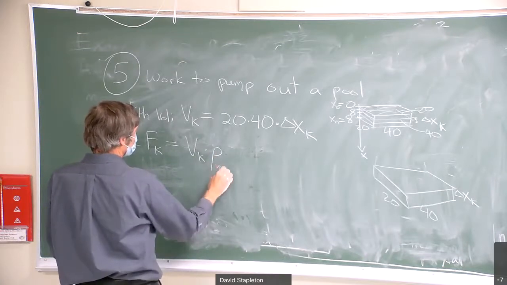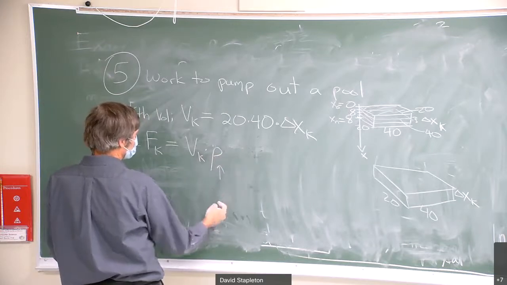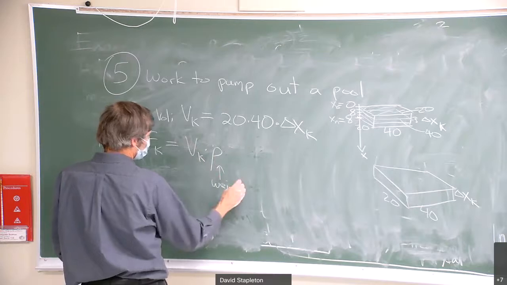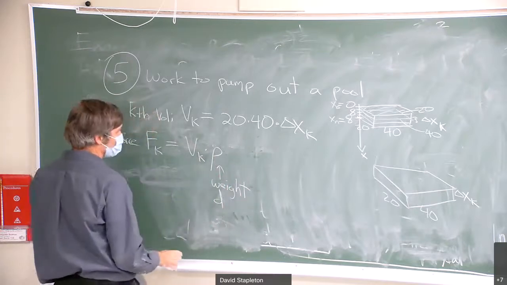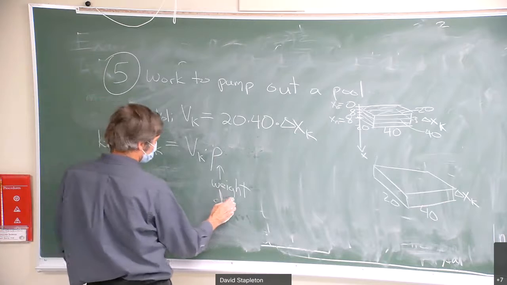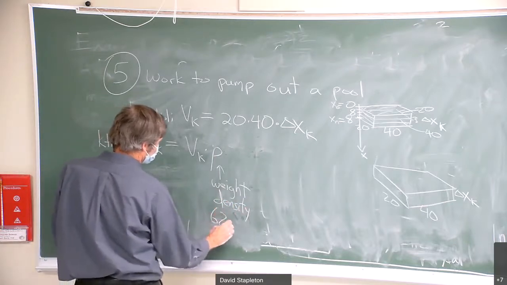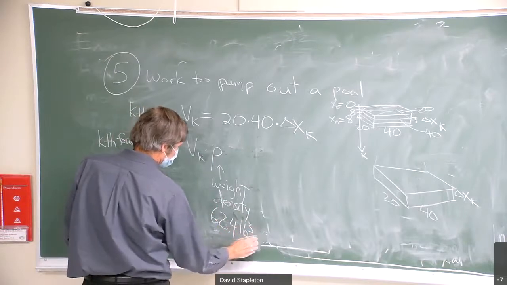Right, if you have this volume times this many pounds per cubic foot, then that gives you the force or the weight. Don't use the mass density, right? Because mass is not force, weight is force. And the weight density of water will be 62.4 pounds per cubic foot. Well, I'll give that to you on the test if you need it.